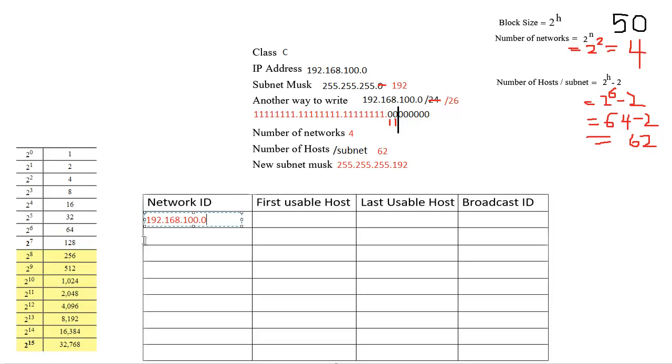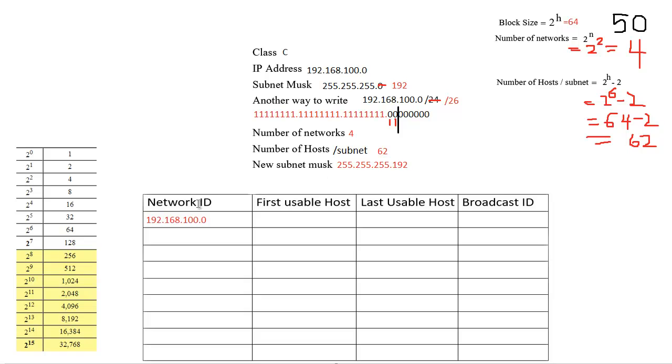For this we will use this formula. Block size is equal to 2 to the power h, where h is the number of zeros. We have 6 zeros, so block size is equal to 2 to the power 6, which is equal to 64.